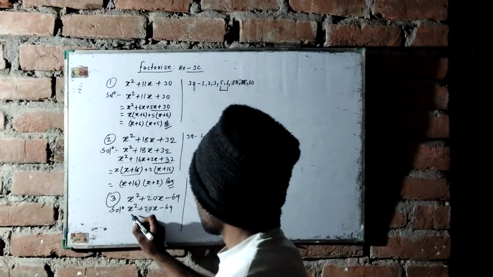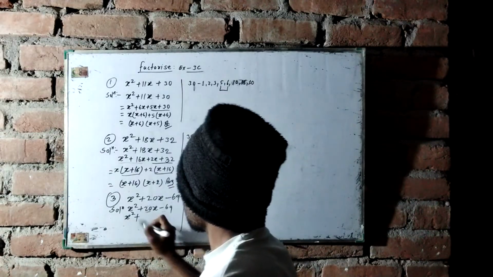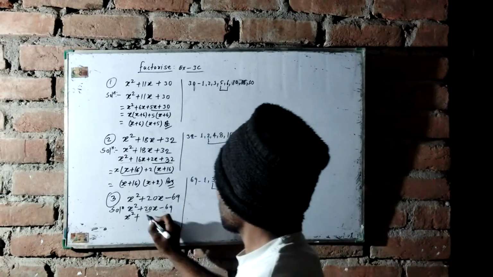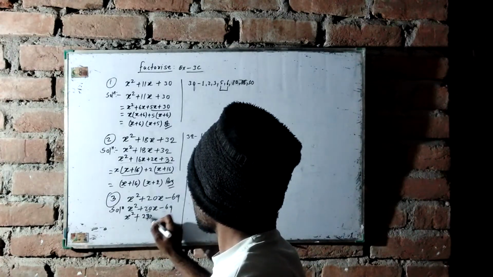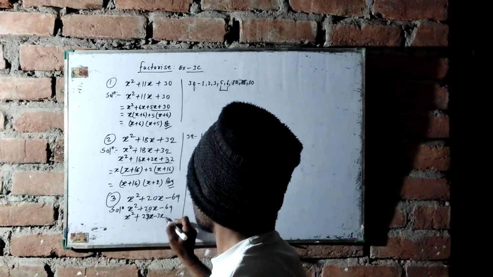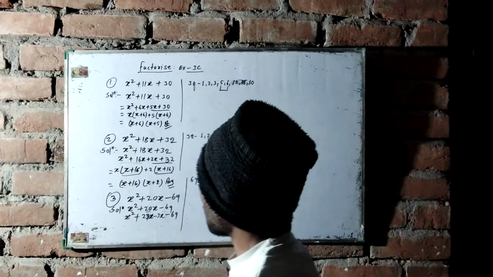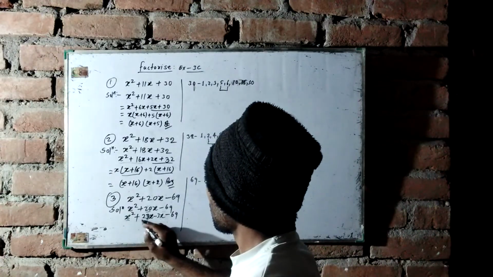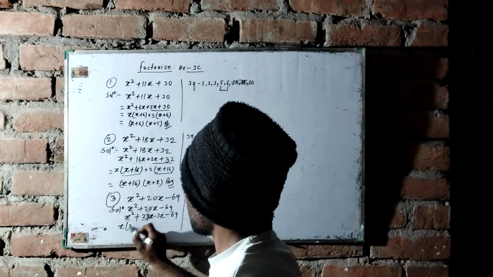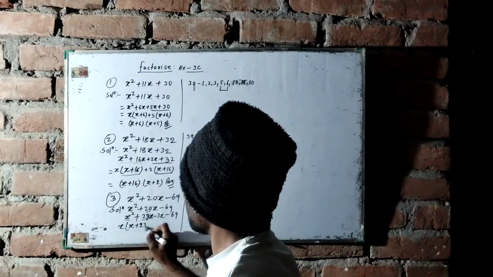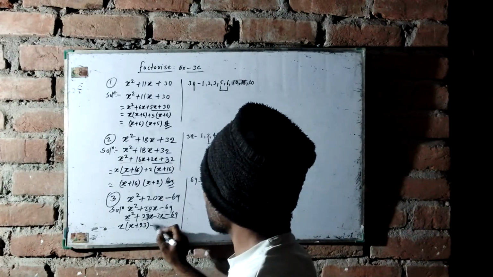So, we can write x square plus 20x can be written as 23x minus 3x and 69 as it is. Now, we can take common x. So, we can write x plus 23 as a multiple, and here we can take common minus 3.